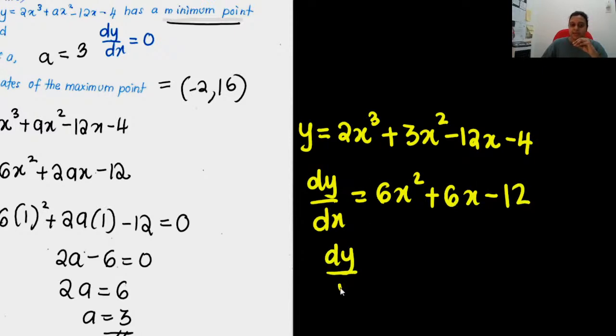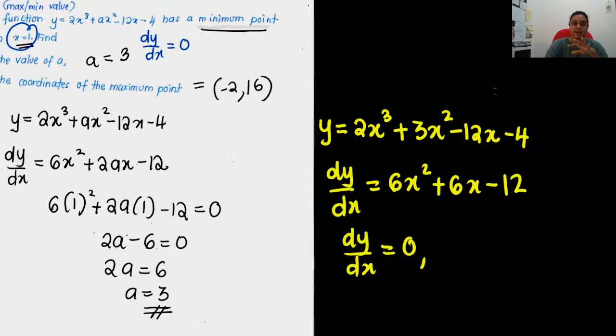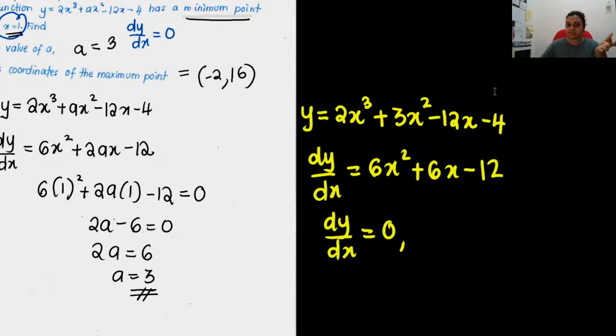Take your dy/dx and make it equal to 0 so that you can find the point x. One of the points we know already, we will definitely get x equals 1. But another point we don't know. So the unknown one will be the maximum point, because the other one is already minimum, and they already tell it's minimum.